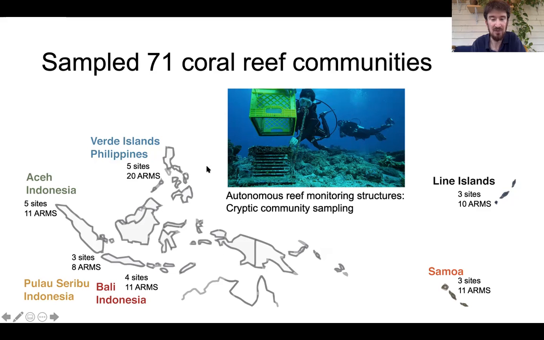We sampled communities using these things called ARMS, which are autonomous reef monitoring structures. We put them out on a reef, anchor them down, leave them for a couple of years, and then bring them back. The idea there is that they're passively accumulating things that live there. So things settle on them, and then we can sample them off and see what's there using things like next-gen sequencing.